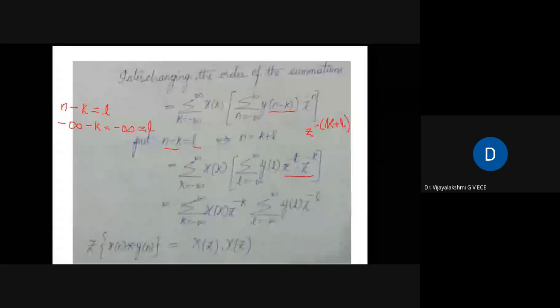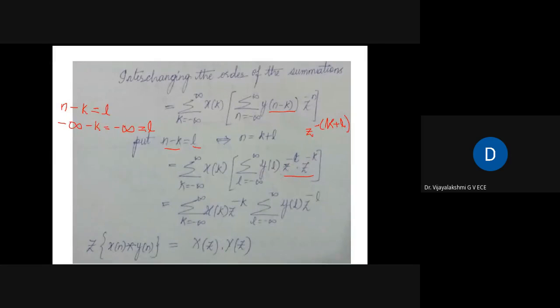So I have here x of k, then z power minus k, then y of L and z power minus L. We'll rearrange the terms such that the terms corresponding to the index will fit.